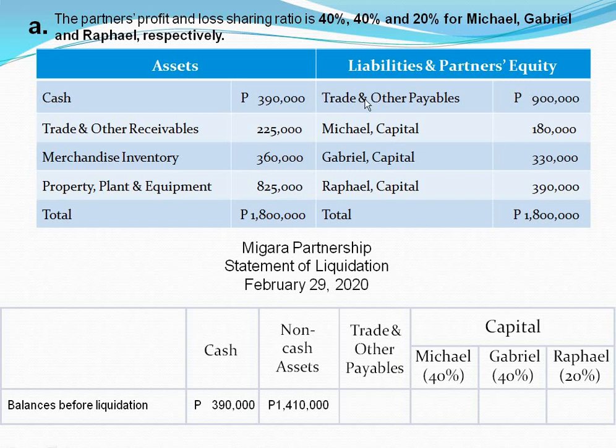Then, trade and other payables, 900,000. Michael capital, 180,000. Gabriel capital, 330,000. And finally, Rafael capital, 390,000.